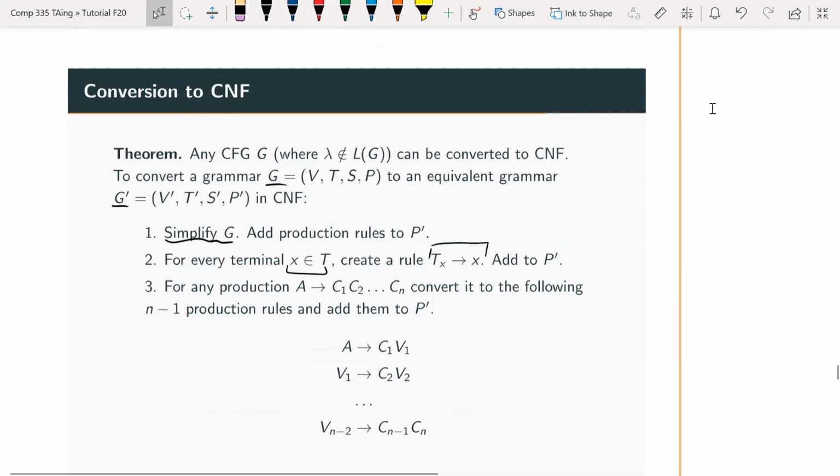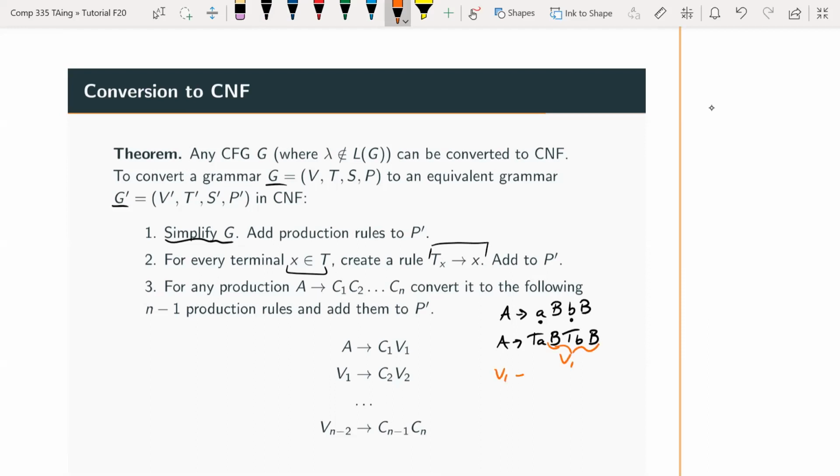And then if you have, for instance, the production rule A gives you, let me think of an example, a, B, bB, right? So let's say something like this. Then what you do is you convert these terminals to their variables. So let's say T_a, B, T_b, B. And then you're going to want to have only pairs of variables on the right-hand side. So you're going to essentially take this and call it variable 1.